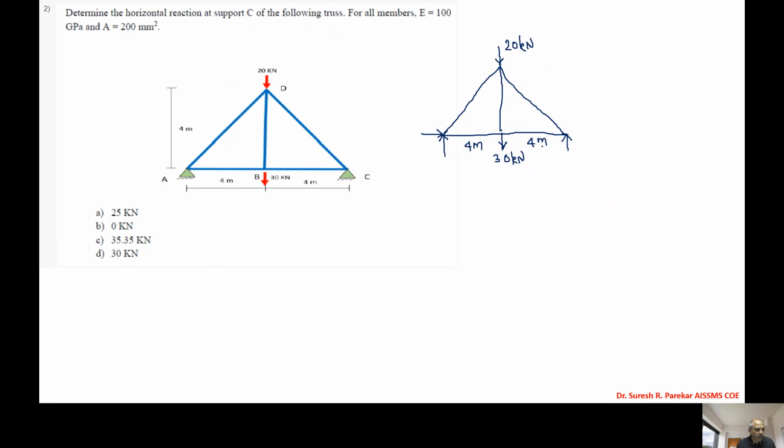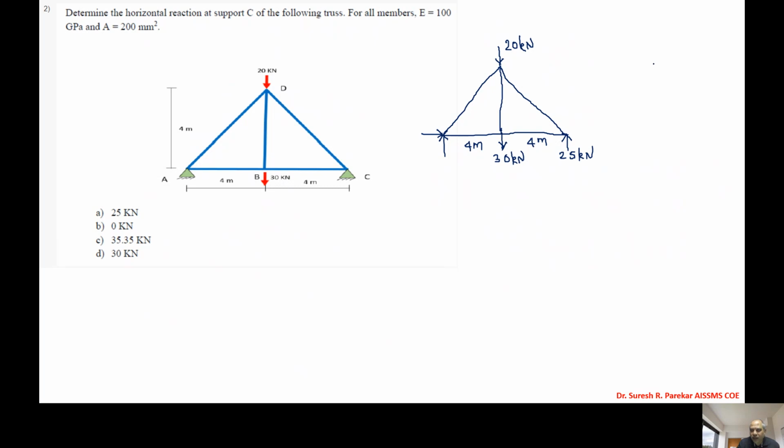By knowing this, we can find forces in members. Now if we take moment about this, we have 30 plus 50 into 4 divided by 8, and we will get this reaction upward as 25 kilonewtons.